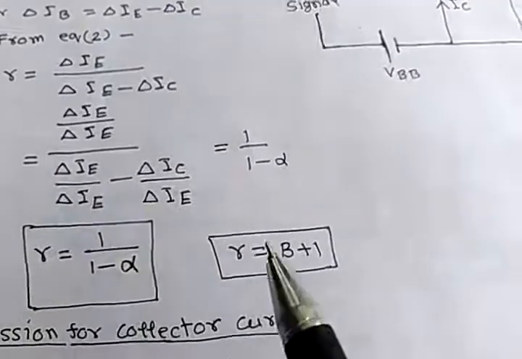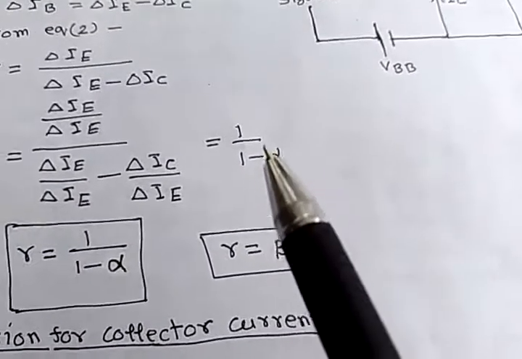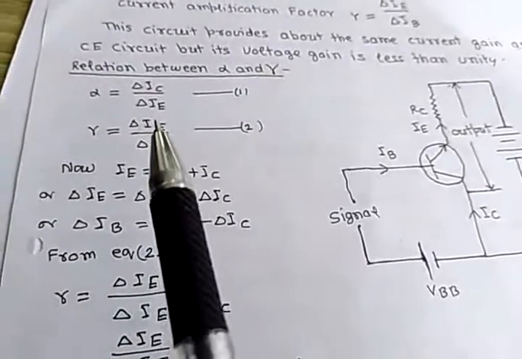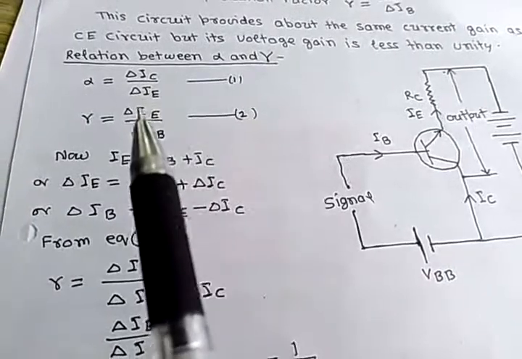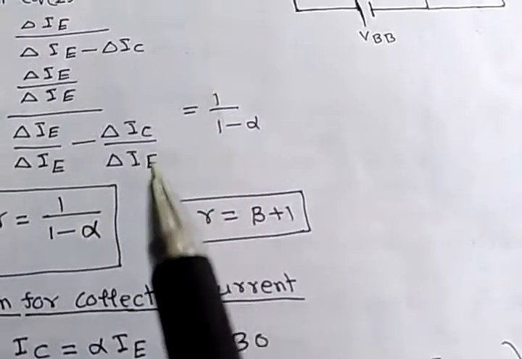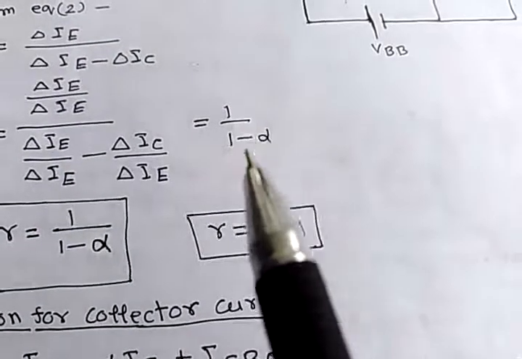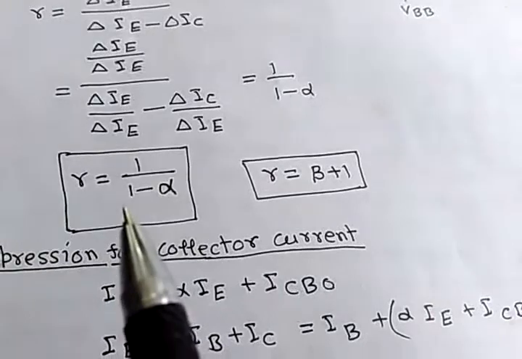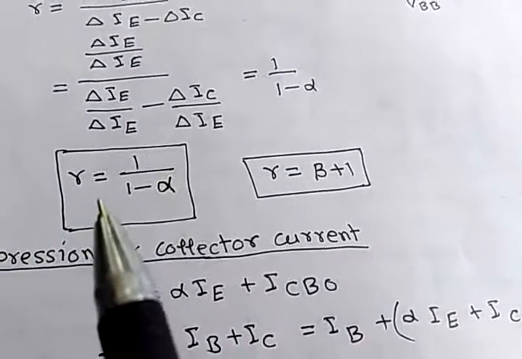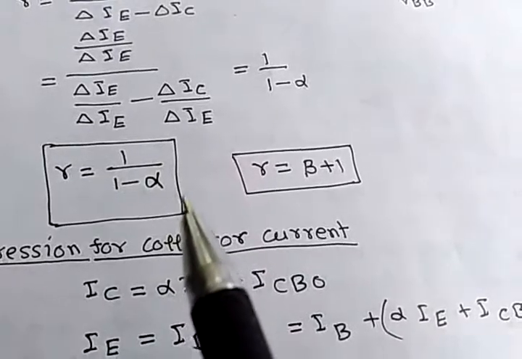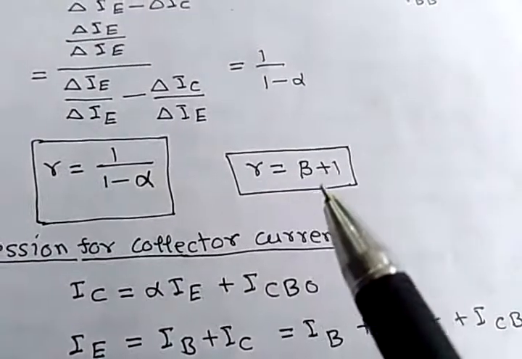On simplification, we will get 1 upon 1 minus alpha, because alpha is the ratio of delta IC upon delta IE. In this way, we can write gamma equals 1 upon 1 minus alpha. It can also be written as gamma equals beta plus 1.